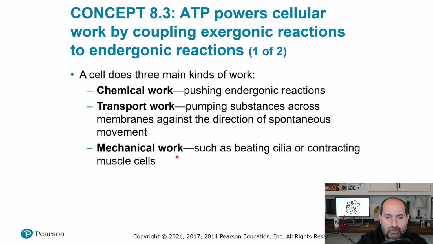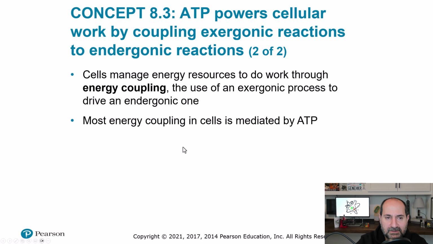And these types of work require energy, usually in the form of ATP. And through energy coupling, ATP provides the energy required to perform work, to do an endergonic reaction. Remember that energy coupling is when the energy released by an exergonic reaction is used by an endergonic reaction to work, to push it forward.